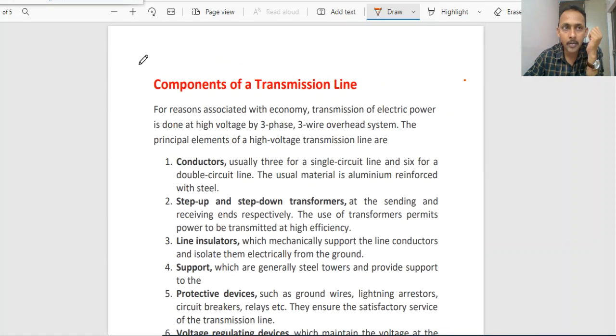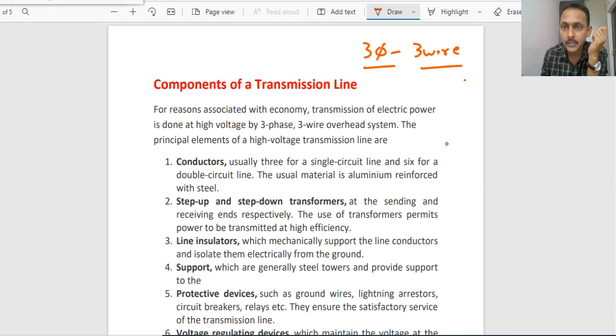Dear students, in the previous videos we have discussed power generation, how it is generated and how it is transmitted or distributed. Now, with respect to the transmission line, where a bulk amount of power is transmitted over long distances, it is most of the time a three-phase, three-wire system.